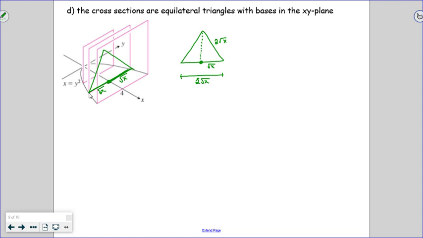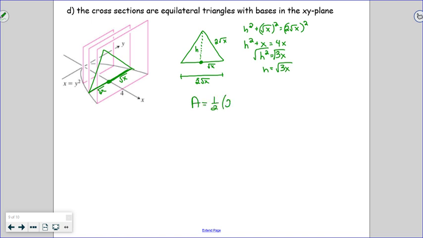Through Pythagorean theorem, let's see, height squared plus square root of x squared equals 2 square root of x squared. Our height is going to be the square root of 3x, which makes our area of a triangle 1/2 base times height.